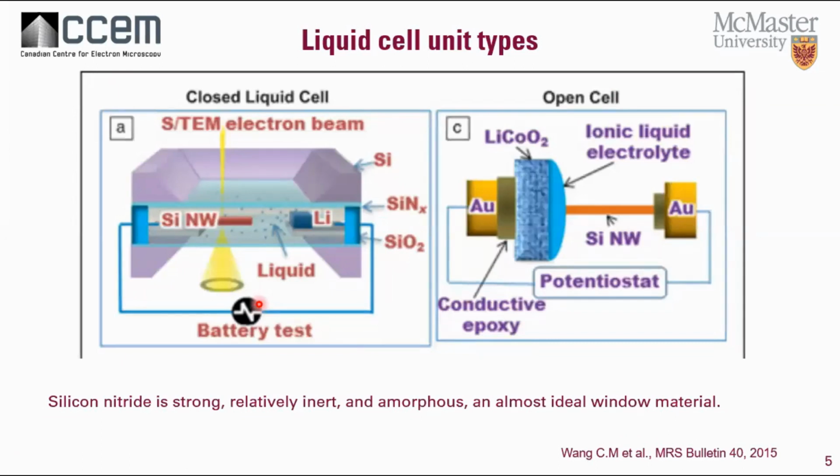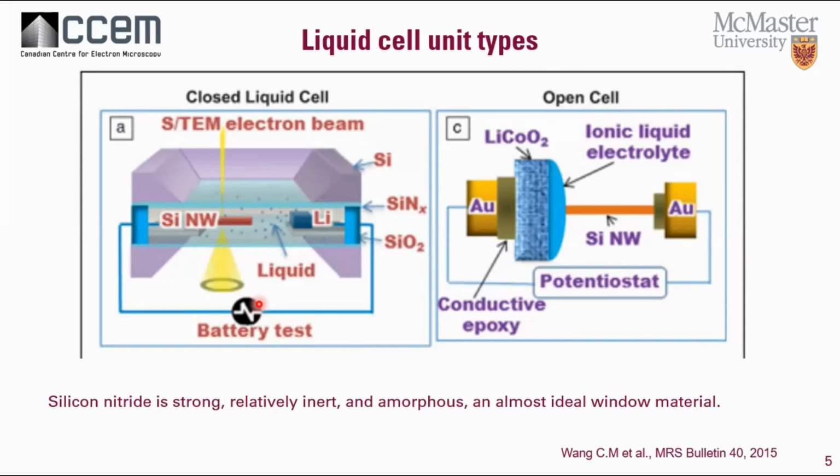There are two types of liquid cell units, the closed cell and the open cell. The closed cells are typically built from 2 silicon wafers, each coated with about 50-100 nanometer thick silicon nitride layer.